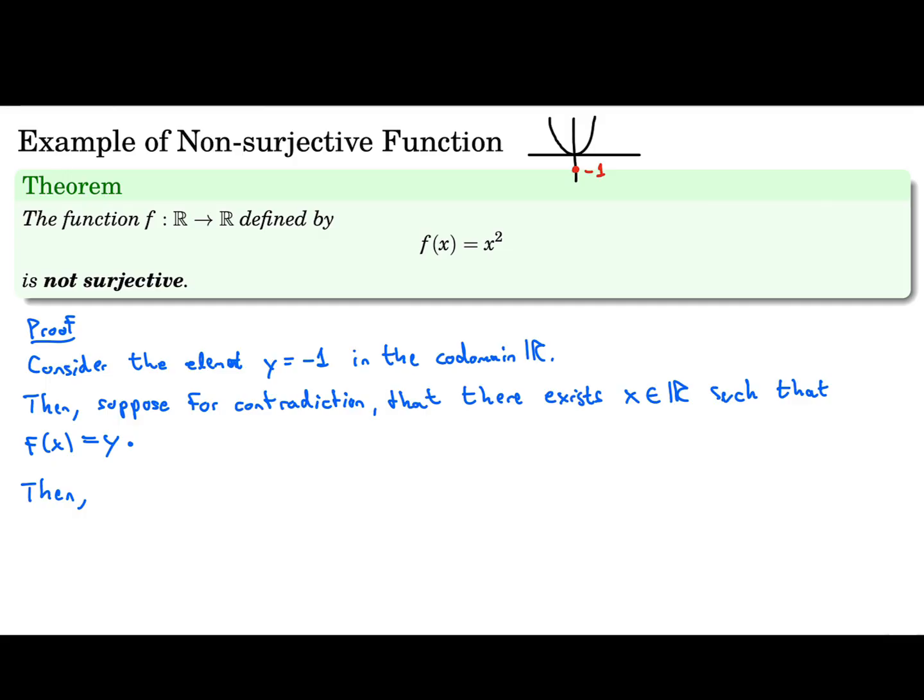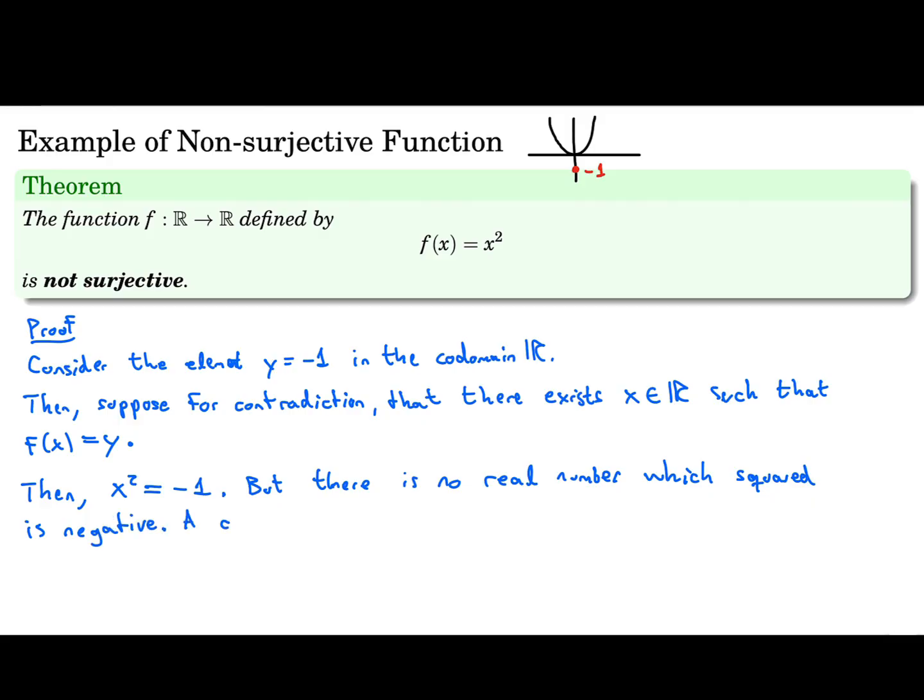Then x squared is equal to minus 1, but there is no real number which squared is negative. And so a contradiction.